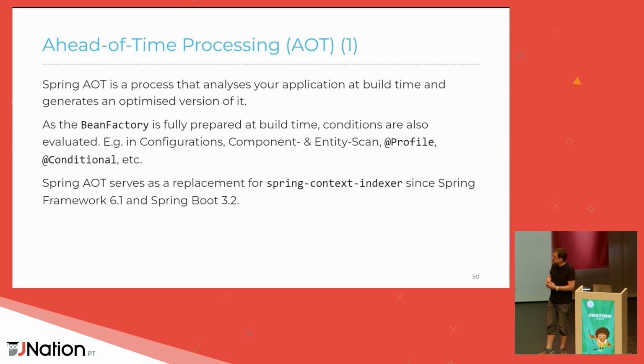Code will be generated which instantiates the Spring Beans. When you do component scanning, for example, Spring uses reflection to instantiate these Spring Beans. Now with the AOT step, code is generated to register those Spring Beans.